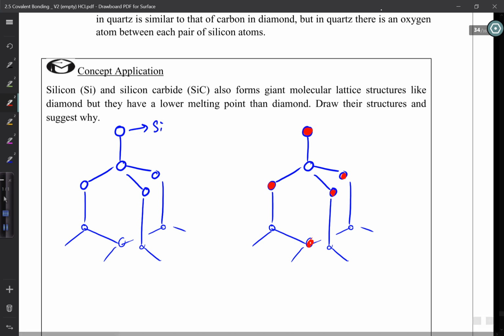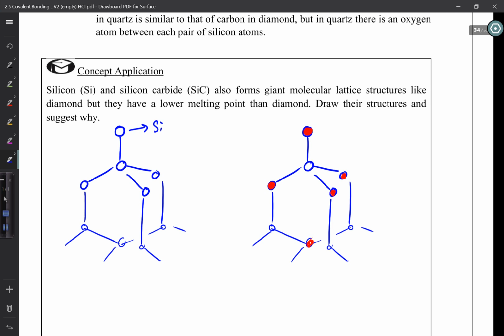We are only 50% done. The question asks why do they have a lower melting point than diamond? So why do you think so? Now, if let's say you really want to break a giant molecular lattice structure, what are you actually breaking when you increase the temperature?